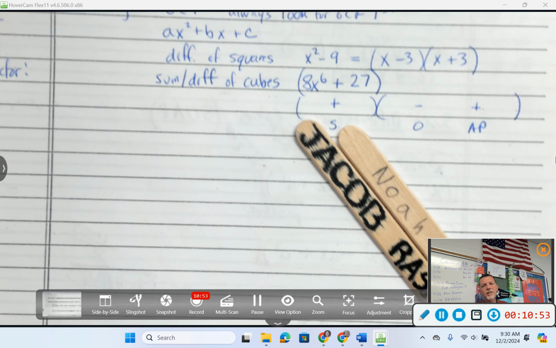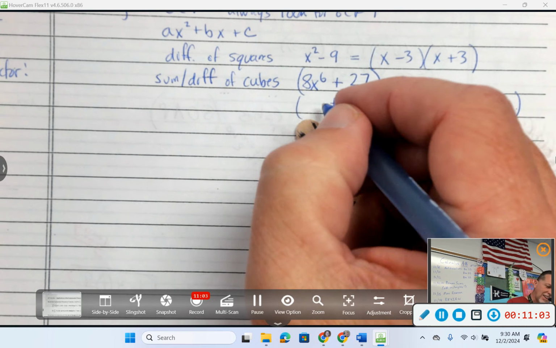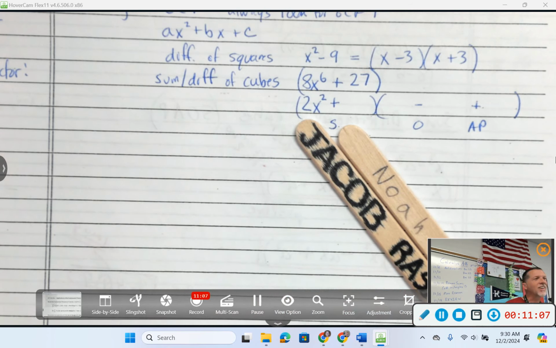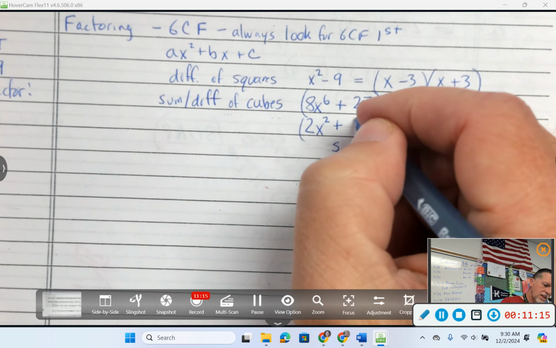So, Jacob, what's the cube root of 8x to the 6th? I like x to the 2nd. 2x to the 2nd, good. Make sure you take the cube root of both pieces there. Noah, how about the cube root of 27? 3.